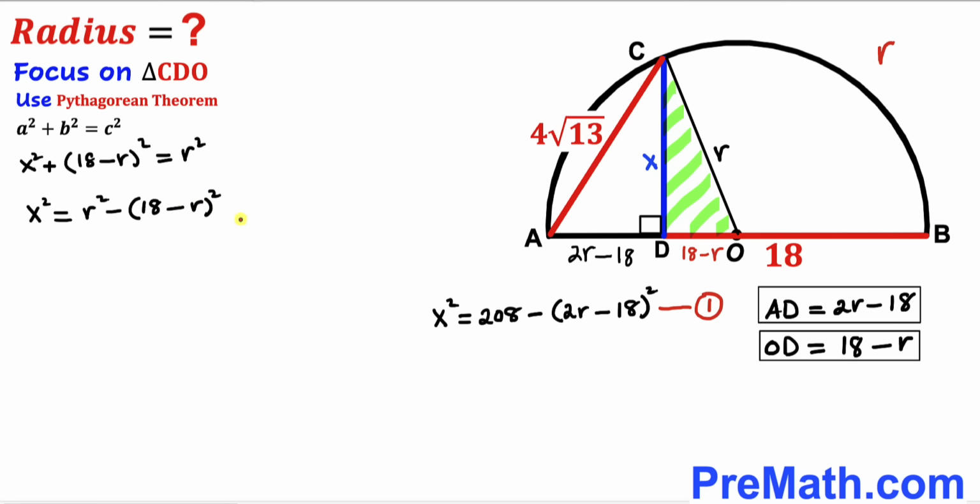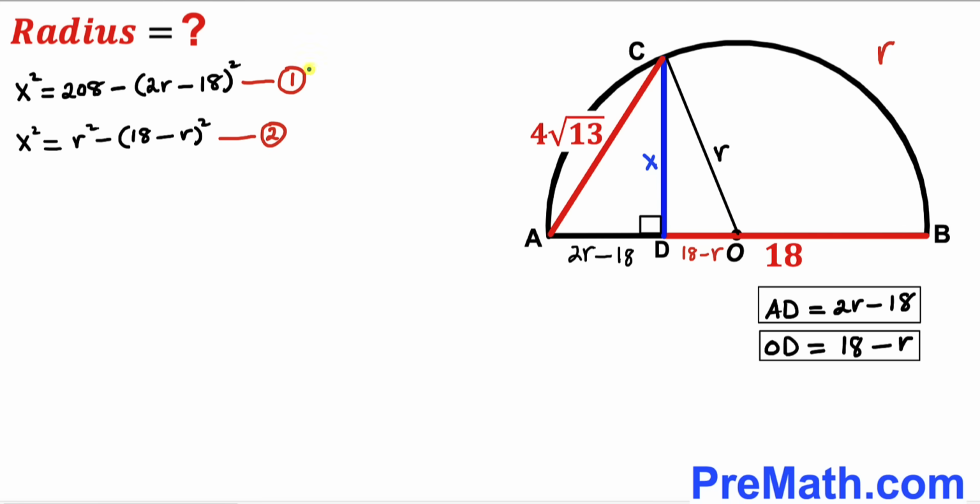And I'm going to label this one as our equation number 2. So thus we ended up with these two equations, equation 1 and equation 2. And now we are going to compare these equations 1 and 2. And we can see the left hand sides of both of these equations are identical.